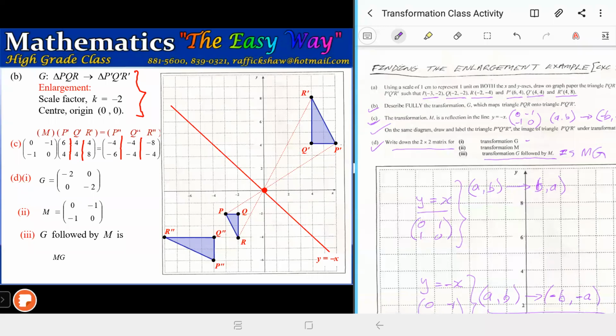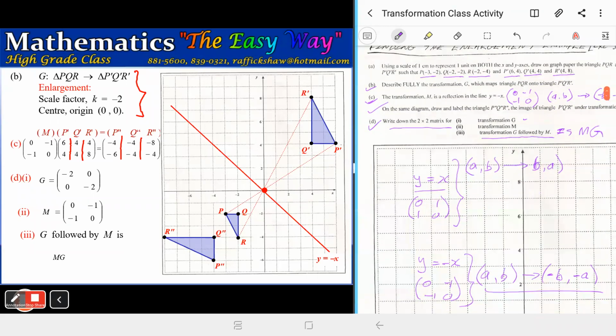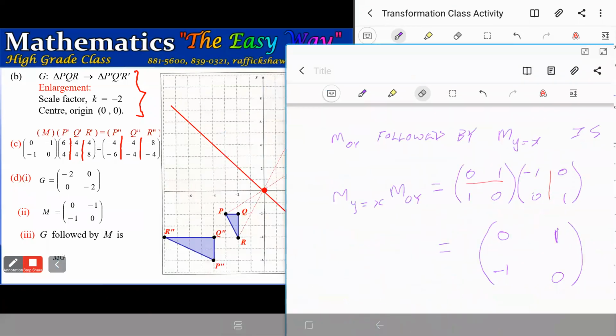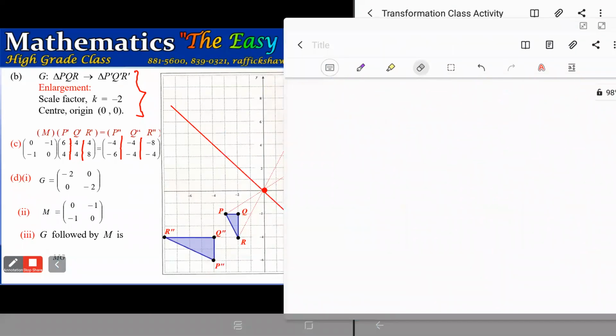So let me show you down here what you have to do. G followed by M, you want to get a single matrix. Both of them are 2 by 2 matrices, so you can multiply them and get a single matrix.